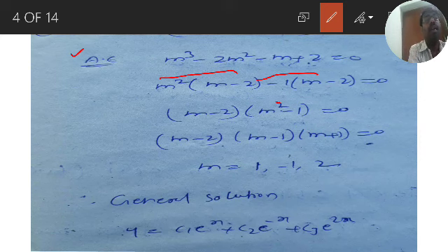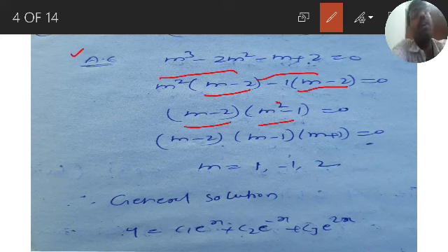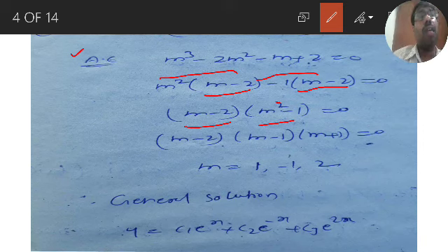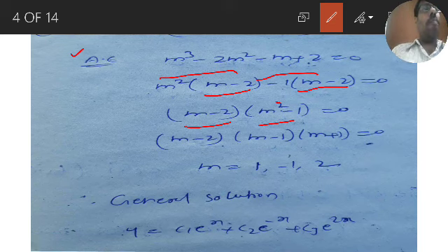So now take m minus 2 common. M minus 2 common, remaining m square minus 1 is equal to 0. That is (m minus 2) into (m square minus 1). m square minus 1 can be written as m square minus 1 square, a square minus b square, which is a minus b into a plus b. Are you getting?